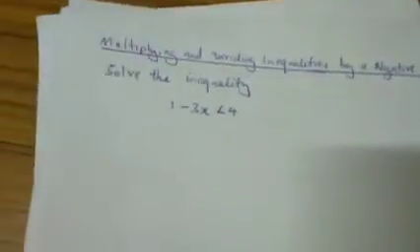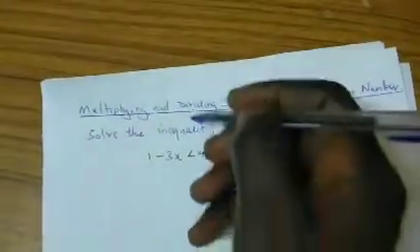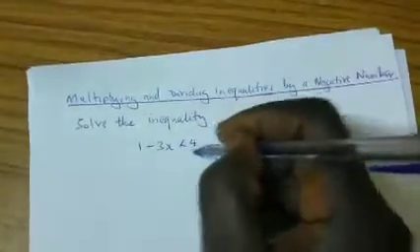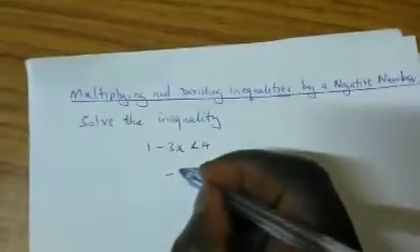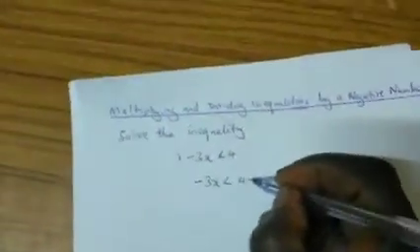So we can look at this example here. If we're given this inequality to solve, how do we solve it? Having at the back of our mind that when we divide by a negative, the inequality sign will be reversed. So we take one to the other side so that we have negative 3x is less than 4 minus 1.